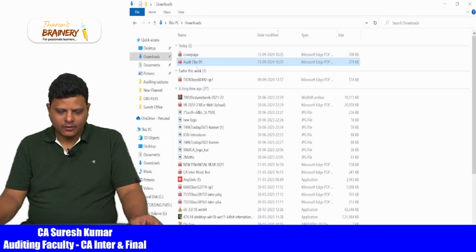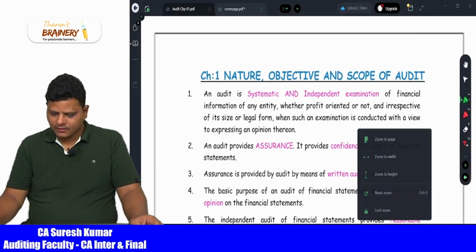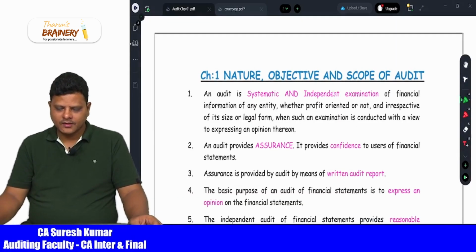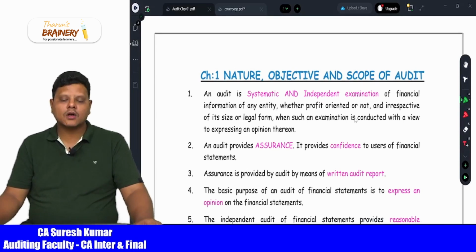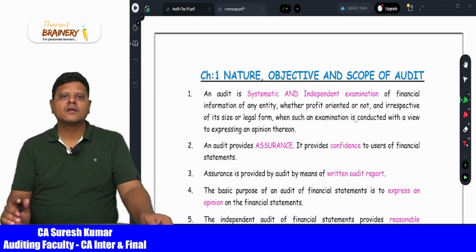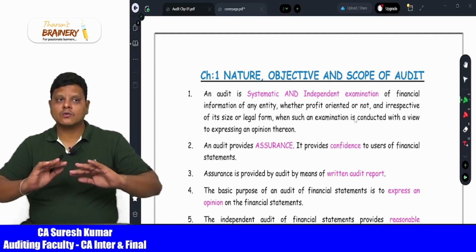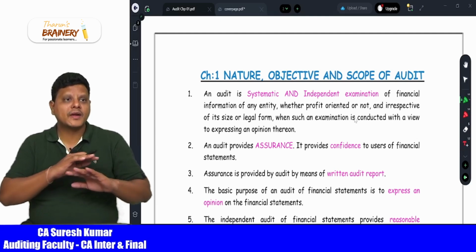Now let me open chapter number 1. Yeah, now we got it. Chapter number 1, Nature, Objective and Scope of Audit. Now as I told earlier, we are not going to revise, we are not going to do a marathon, we are not going to do a complete class here.